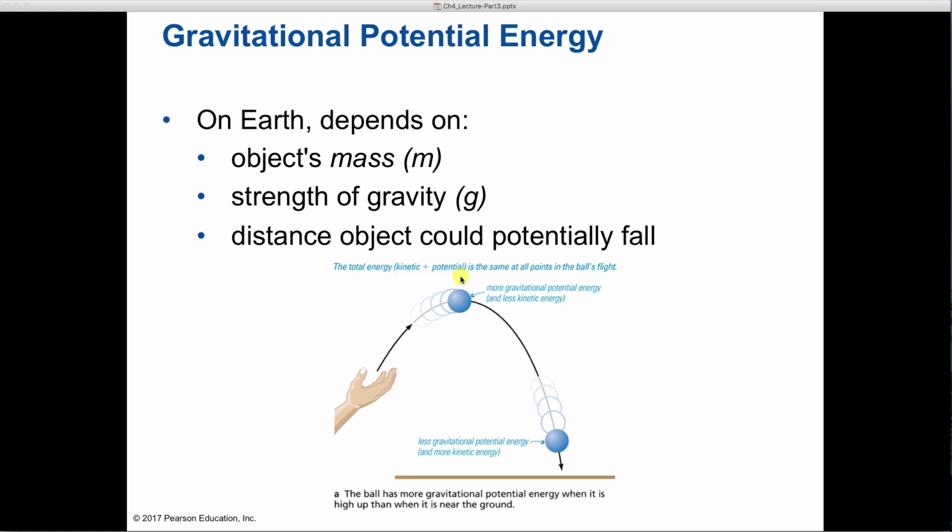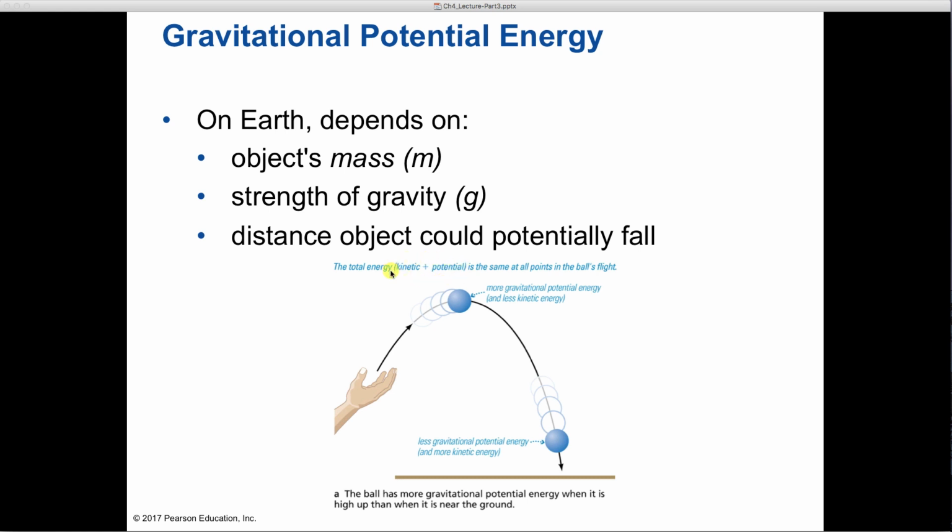Now this, of course, is technically only true if we ignore air resistance. Air resistance does take energy of motion, kinetic energy, away, and it doesn't really give it back. So if there was air resistance, this total of kinetic plus potential would actually decrease, because the air resistance would take some of that energy away.